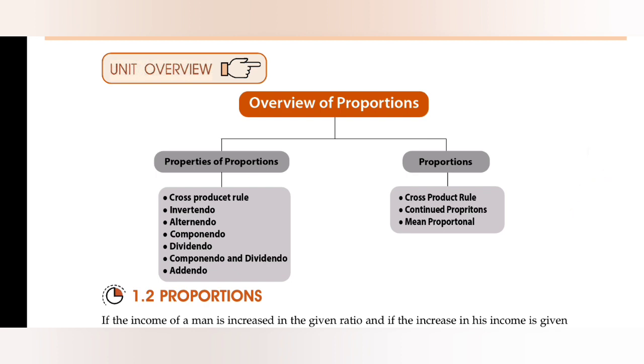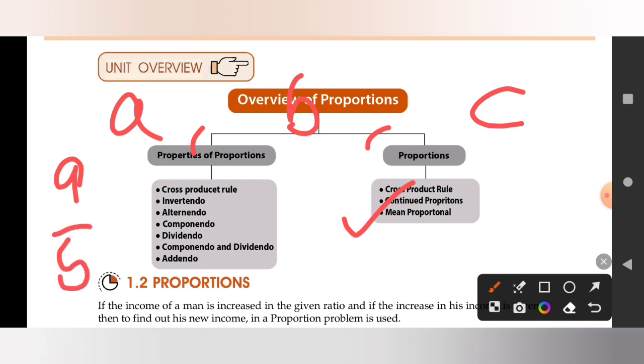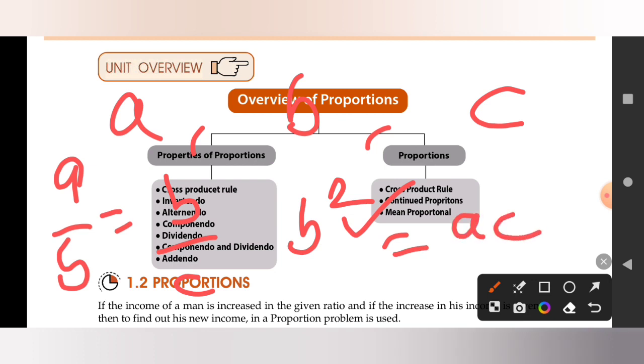Let's move ahead. What is mean proportional? In the above example for continued proportions, A, B, C numbers are given and A by B is equal to B by C. So the property was B square is equal to AC.